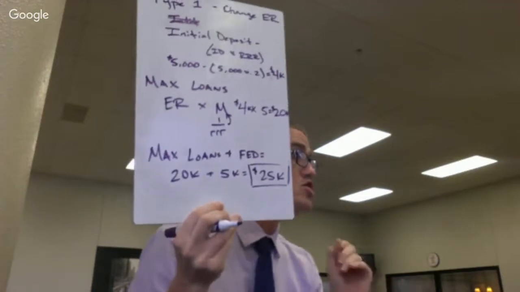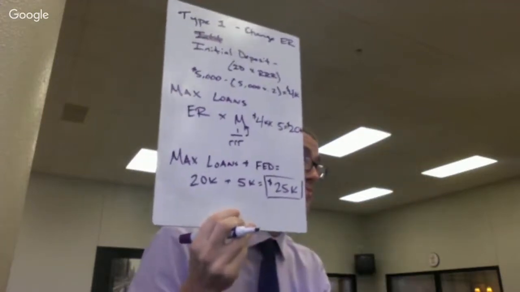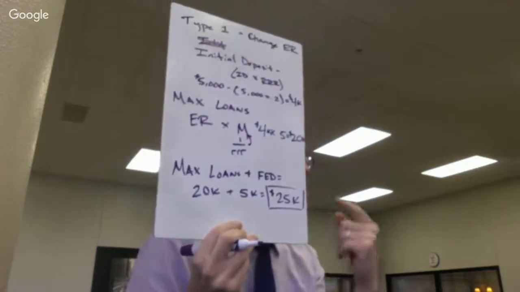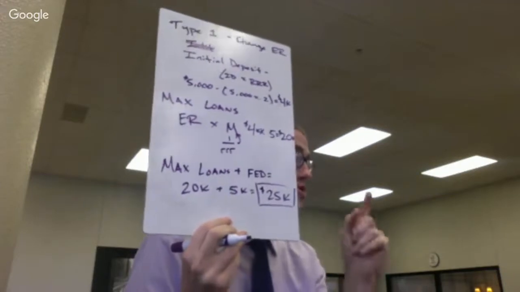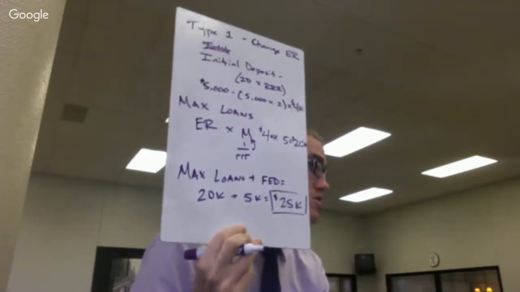Now, could you have just taken the 5,000 and multiplied it by the multiplier and gotten the correct answer? Yes. All right. For this question, that would have worked. What if it was Aaron depositing $5,000? Would that have worked?